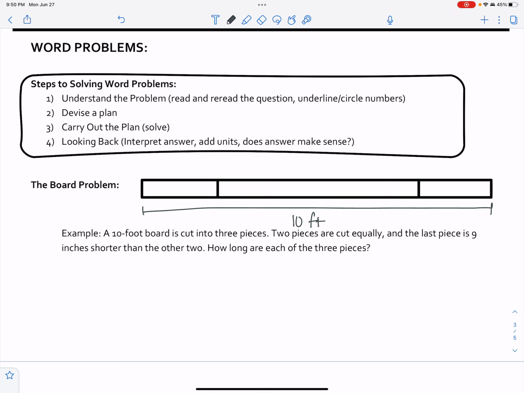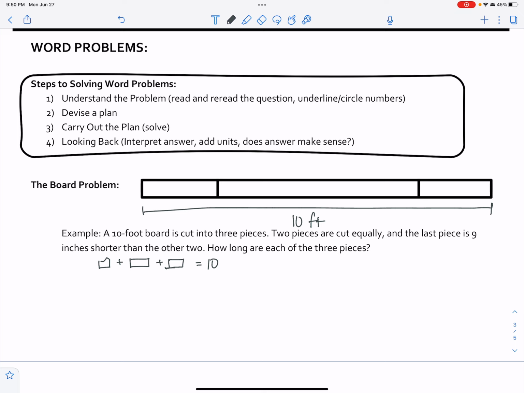How long are each of the 3 pieces? And so the first thing I have is that the total, piece 1 plus piece 2 plus piece 3, has to equal 10 foot, because I have the 3 boards that were all cut from the same 10-foot board.